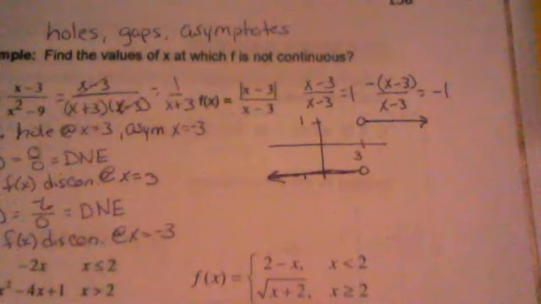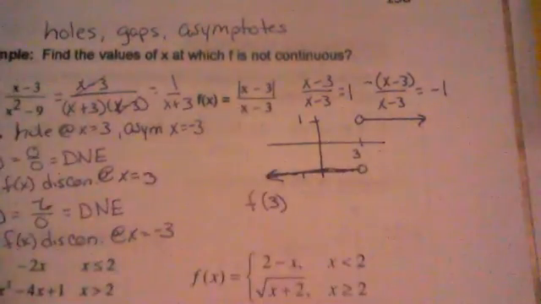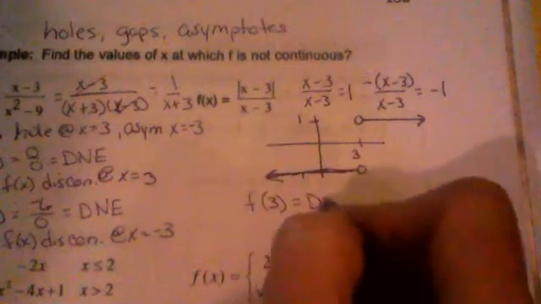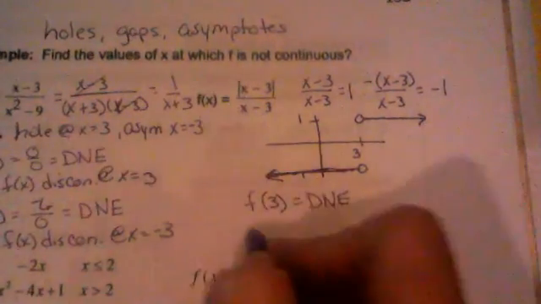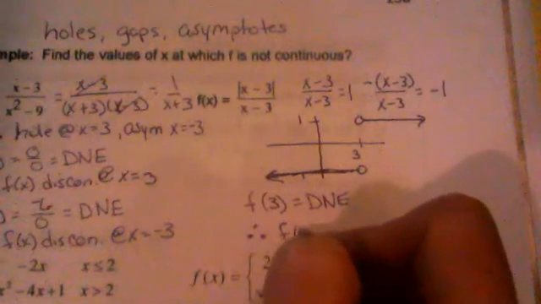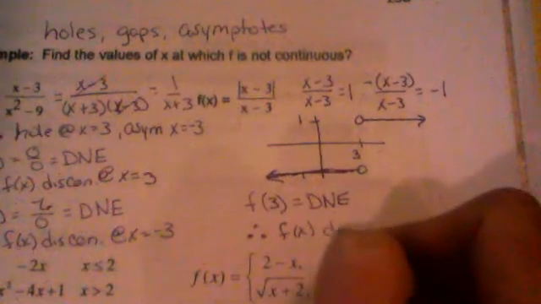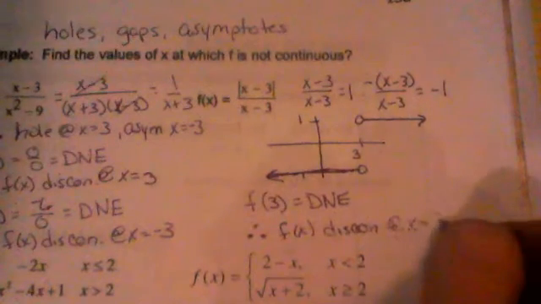So when we're looking at which of these rules to use, I could just say that rule number 1, f of 3, it doesn't exist. So therefore, this graph is discontinuous at x equals 3.